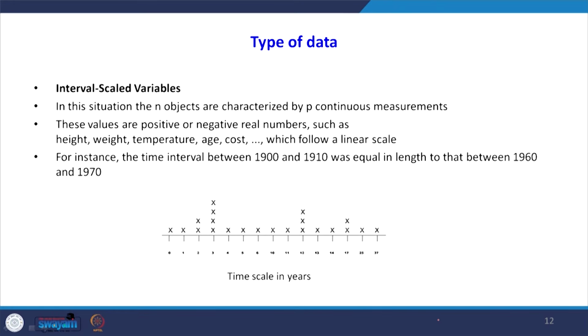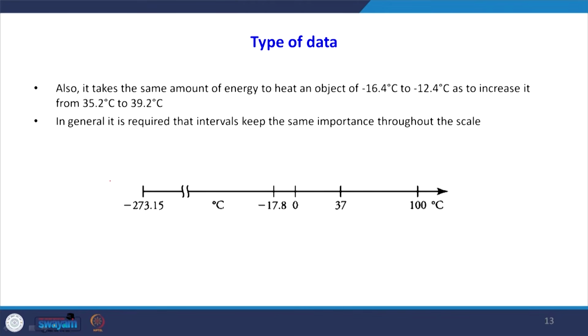If it is year, what happens? We can add some numbers, we can subtract some numbers. Similarly, you see that the interval will be the same between 1900 to 1910 and 1960 to 1970, the difference is the same, because we can add and subtract, but we cannot multiply. Similarly, another example of interval data is temperature.